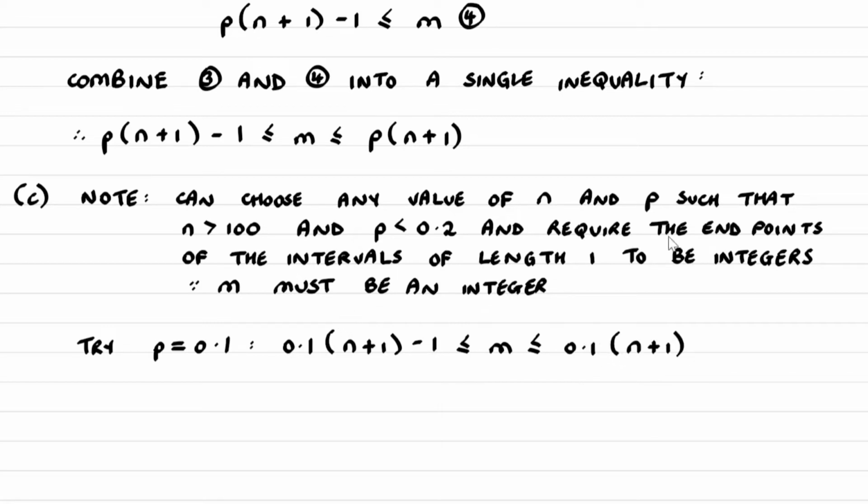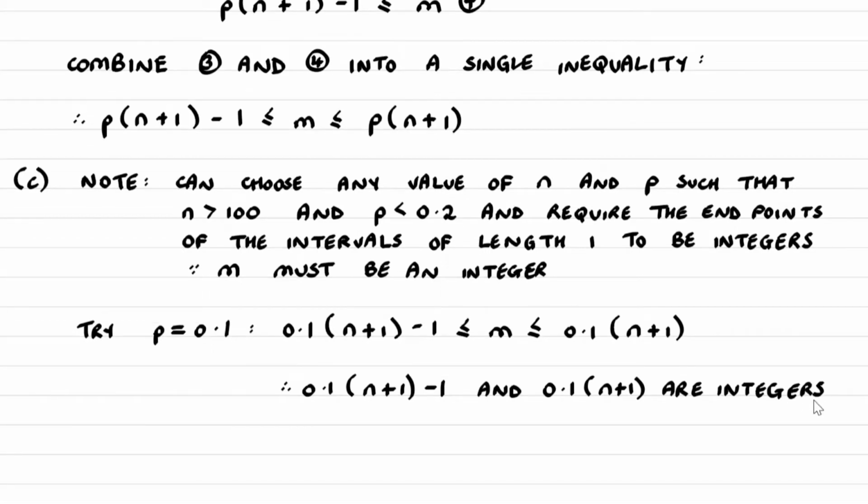And you will recall that we want the endpoints of these intervals to be integers, which means the 0.1 times n plus 1 minus 1 and the 0.1 times n plus 1, these are integers.